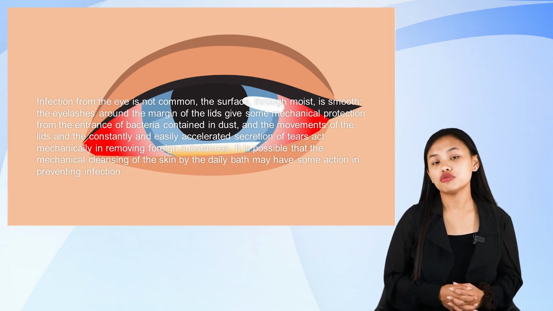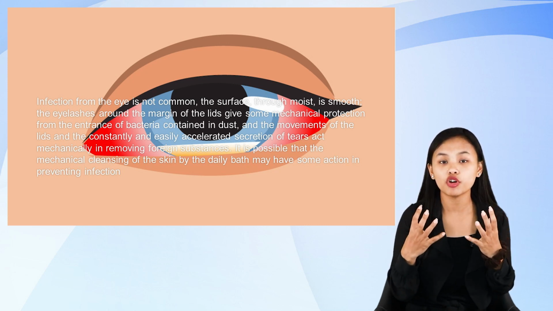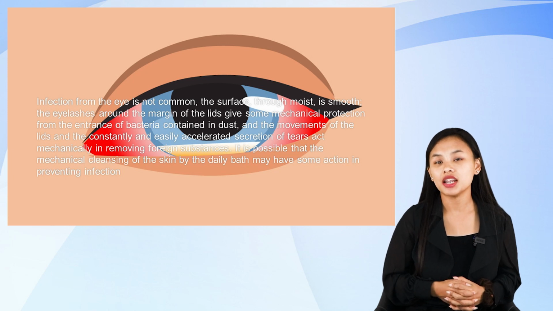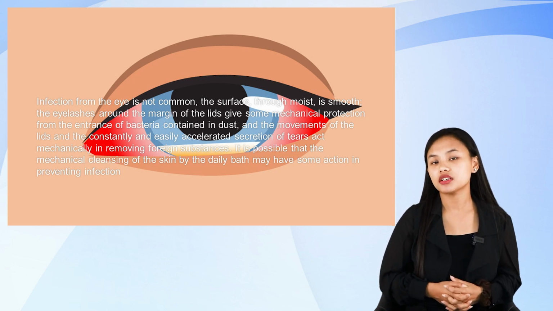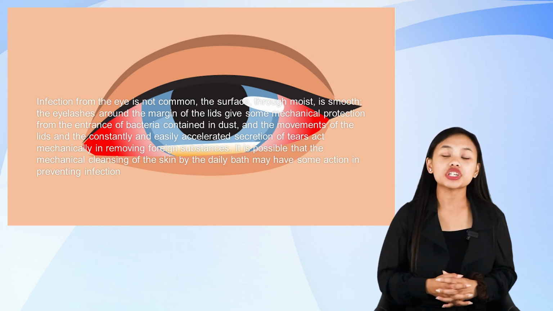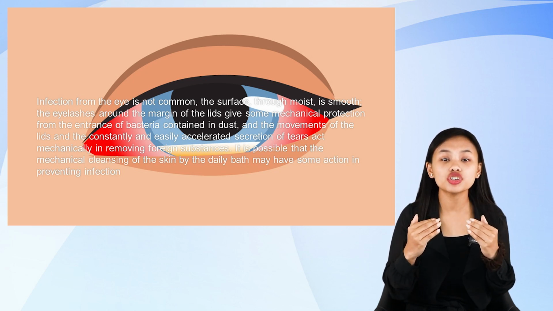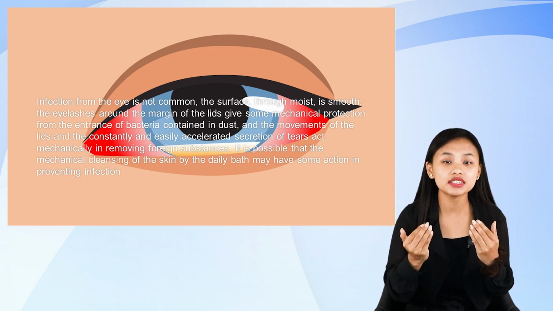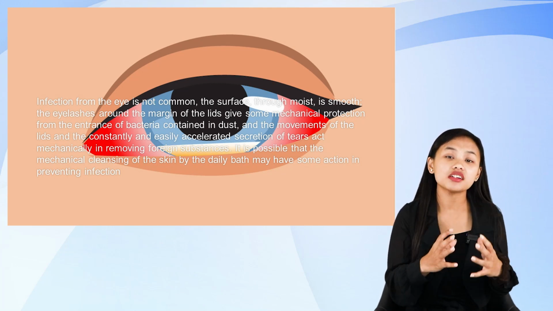Infection through the eye is also not common because the surface is smooth and moist, right? Also the eyelashes around the margins of the eyelids give some mechanical protection from the entrance of bacteria, and dust. How does this serve as a protection?